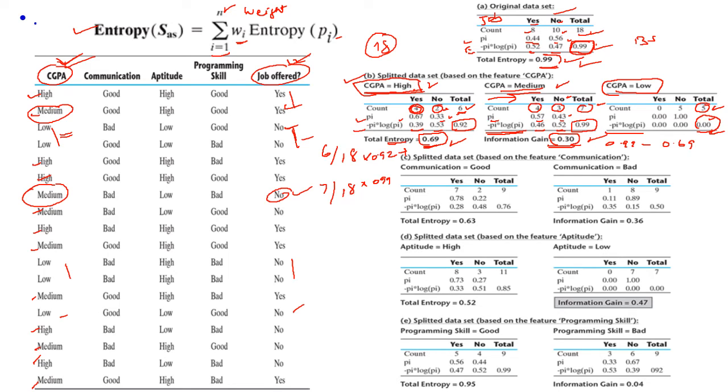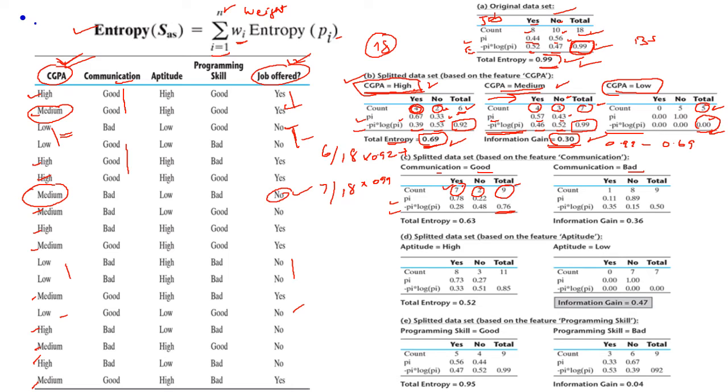Likewise, we need to compute the entropy and information gain for communication. When it comes to communication, there are two attributes: one is good and the second is bad. For good, 9 records are there. Of these 9, 7 fall under yes and 2 fall under no. Likewise we compute pi and pi log pi.